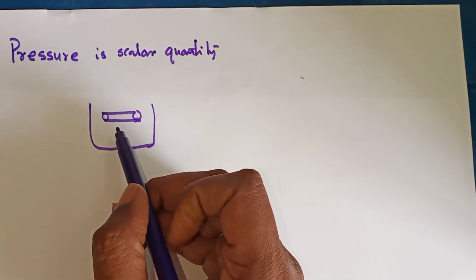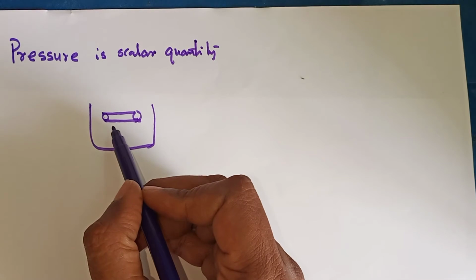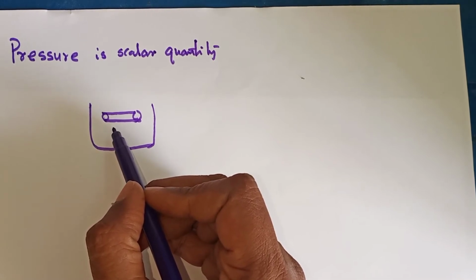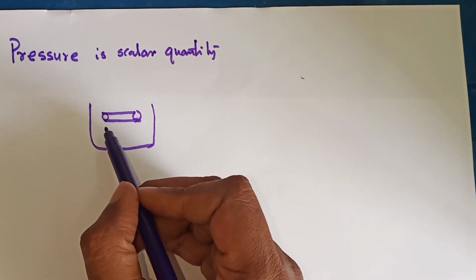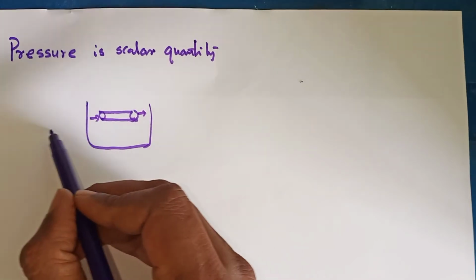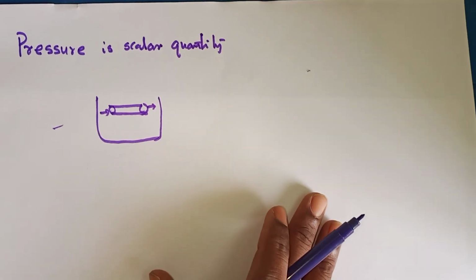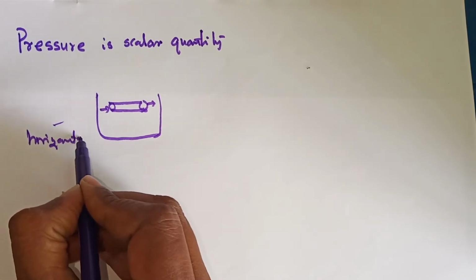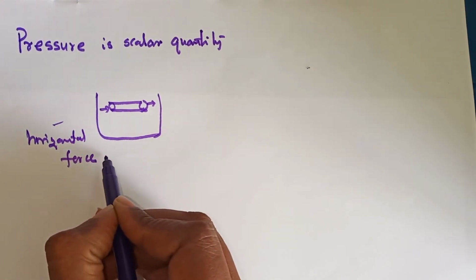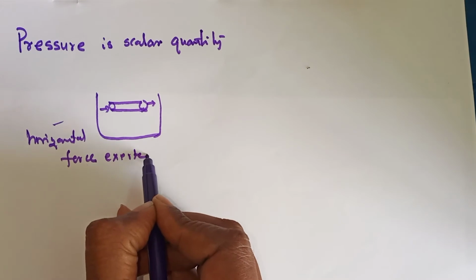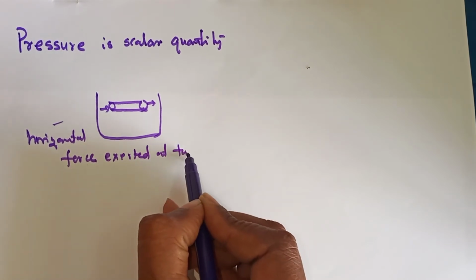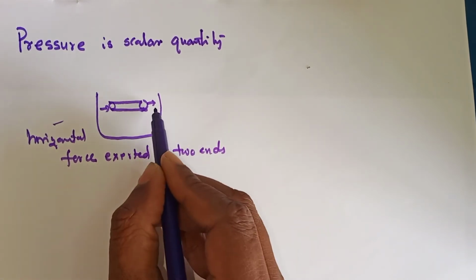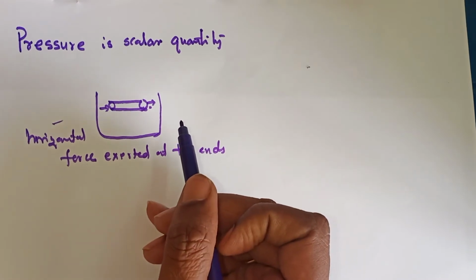It can be balanced because the pressure remains the same, meaning the horizontal force exerted at the two ends, here and here.